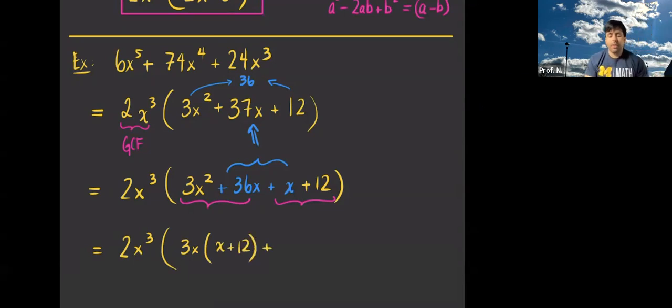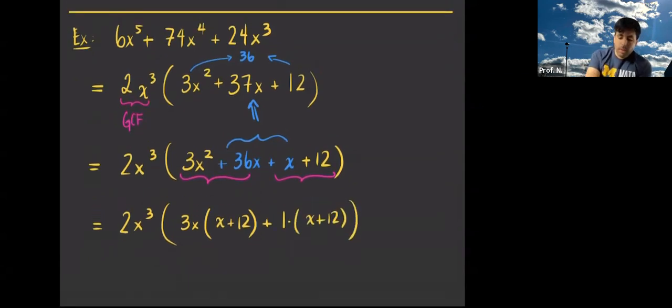And what can I factor out of the second group, x plus 12? Well, what's the only thing I can take out? If there's nothing that I can take out, I just take out the 1. And then what do I notice? x plus 12, x plus 12, they're the same.